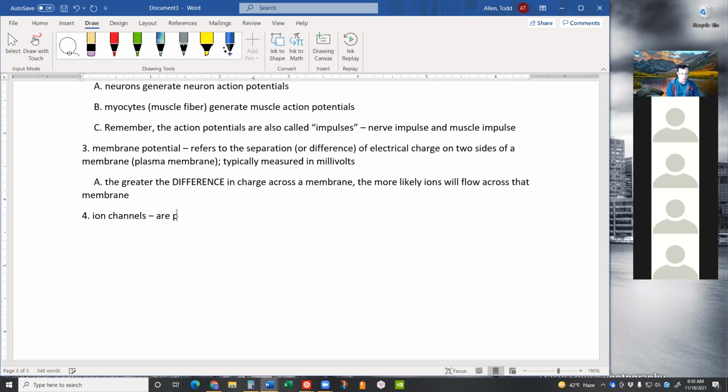Ion channels are proteins that have tunnels inside them for ions to move through. When the protein is embedded in a membrane, like the membrane of the neuron or the membrane of the muscle cell, that channel provides a way for an ion to either enter a cell or exit a cell.